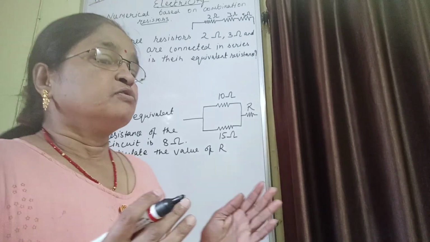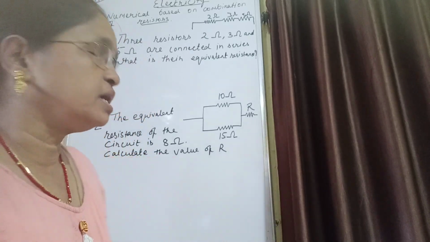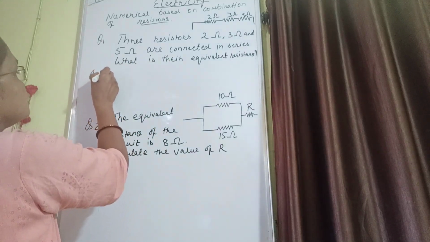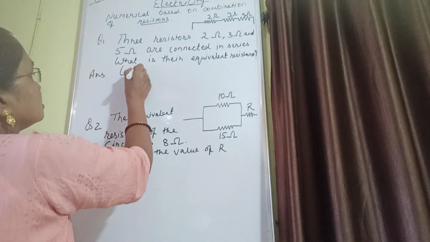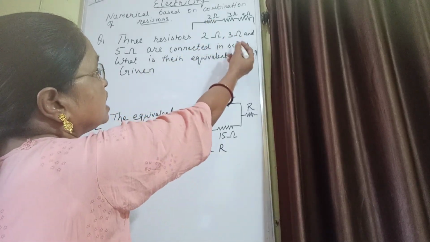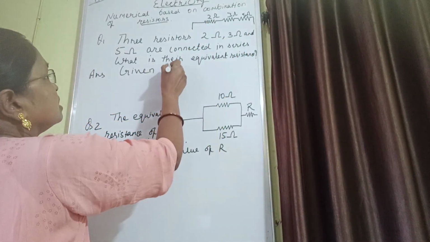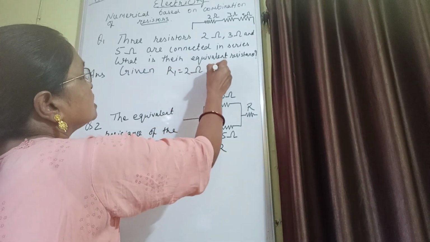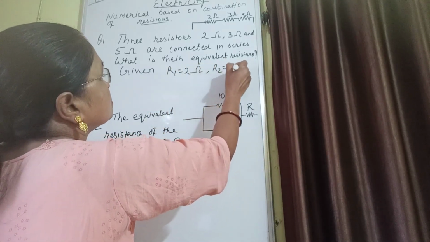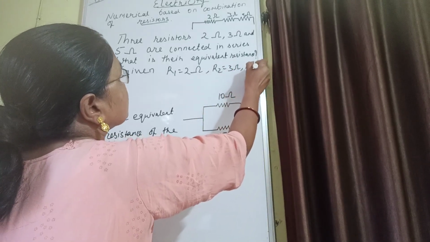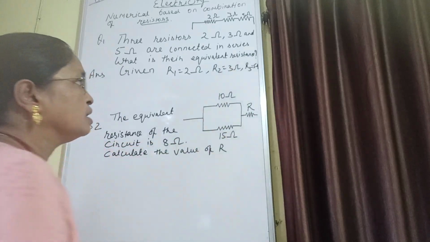So formula, I think you are remembering. Let us write first what is given. Answer for this. Given, let us take R1, R2 and R3. R1 is equal to 2 ohm, R2 is equal to 3 ohm and R3 is equal to 5 ohm.